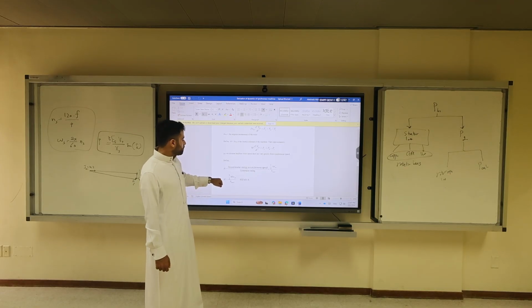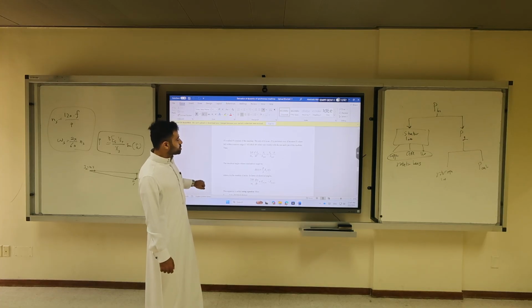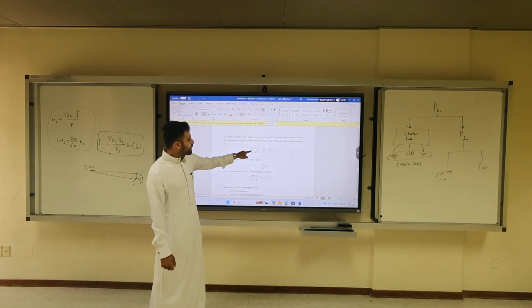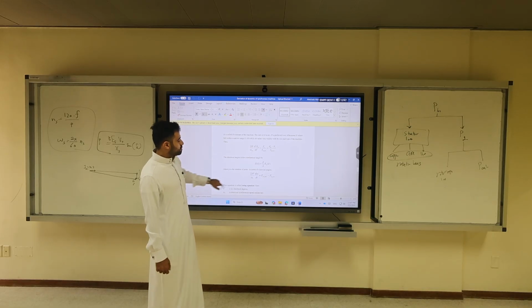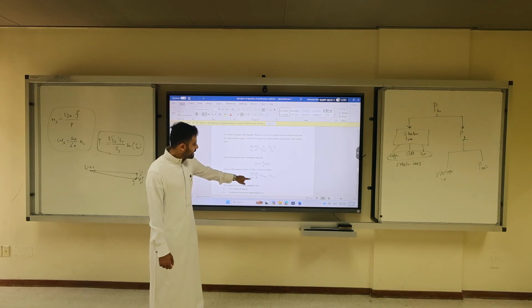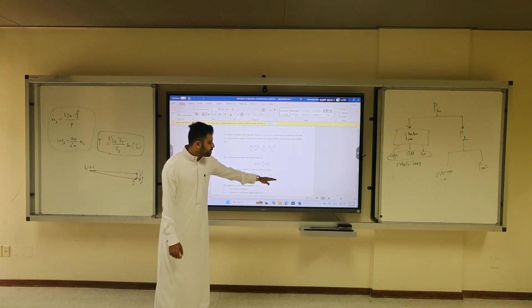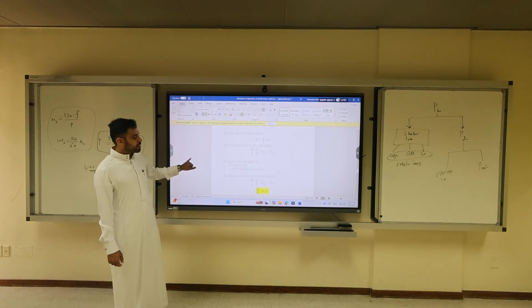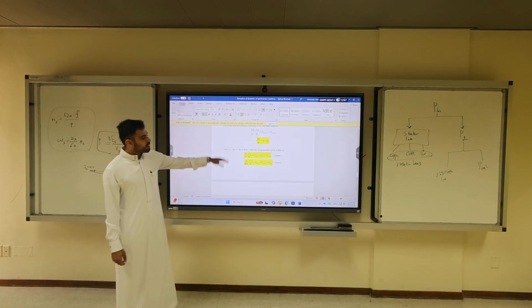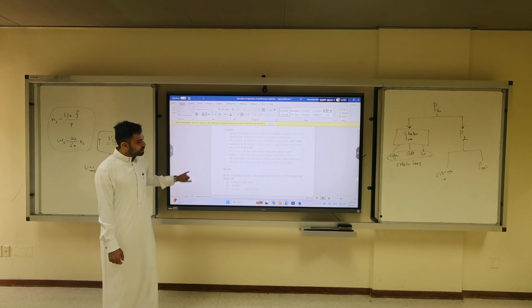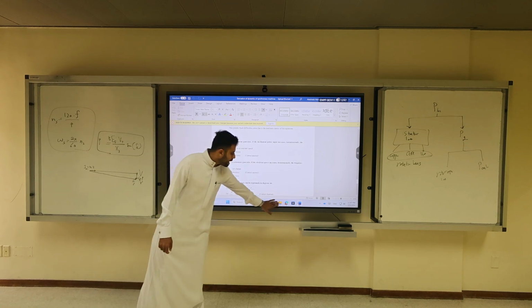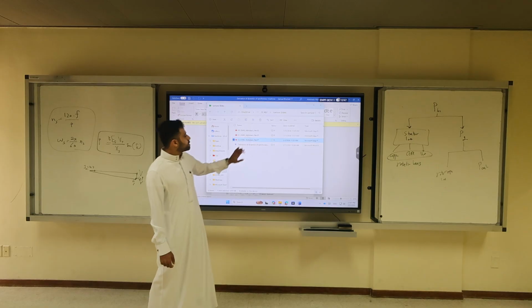If you divide by H, which is half J omega s squared, you reach 2H over omega s, d squared delta over dt squared equals the power difference. We're not going to worry too much about it, but these are the equations at the end. So try to read this document and explore it. If you have any question, let me know.